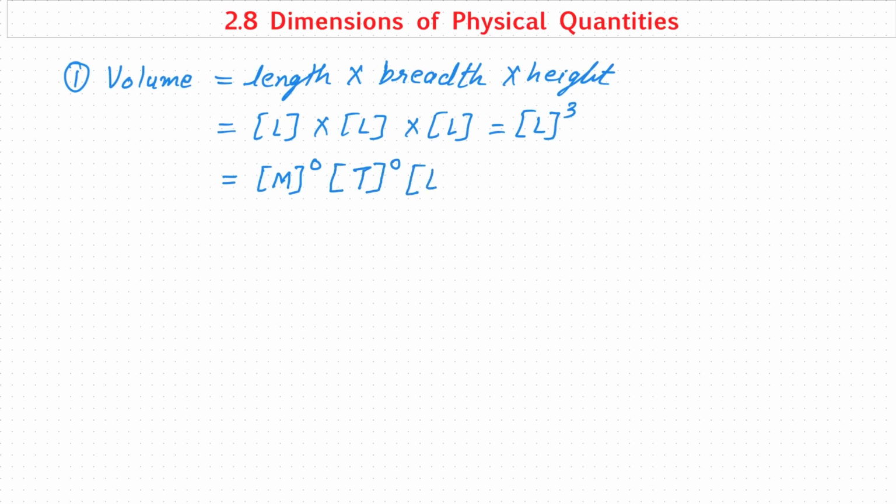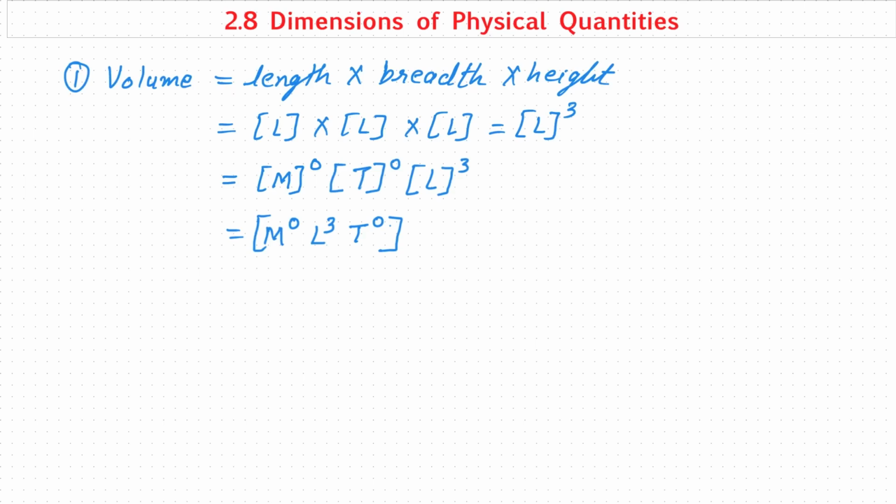L raised to 3 is already there. So finally, the dimension of volume can be represented as M raised to 0, L raised to 3 and T raised to 0. These are the dimensions of volume.